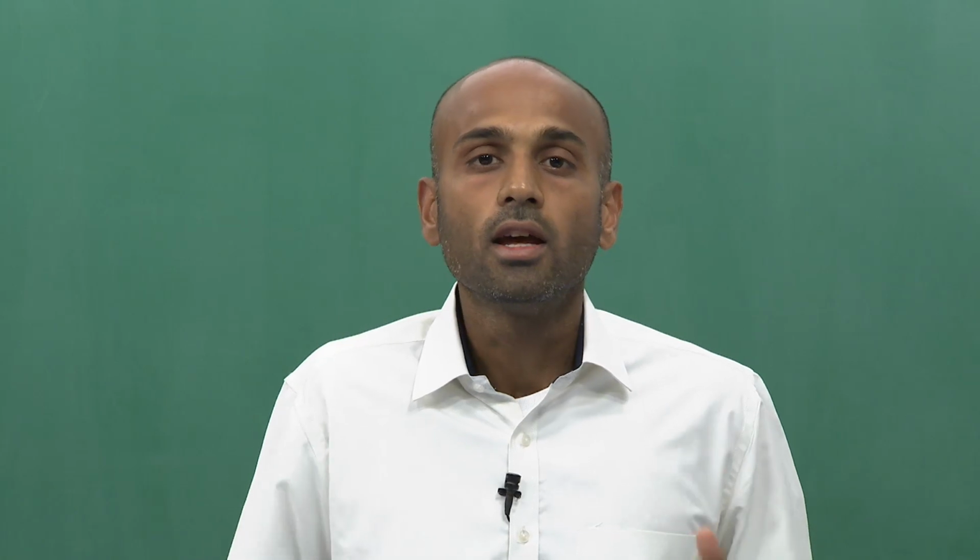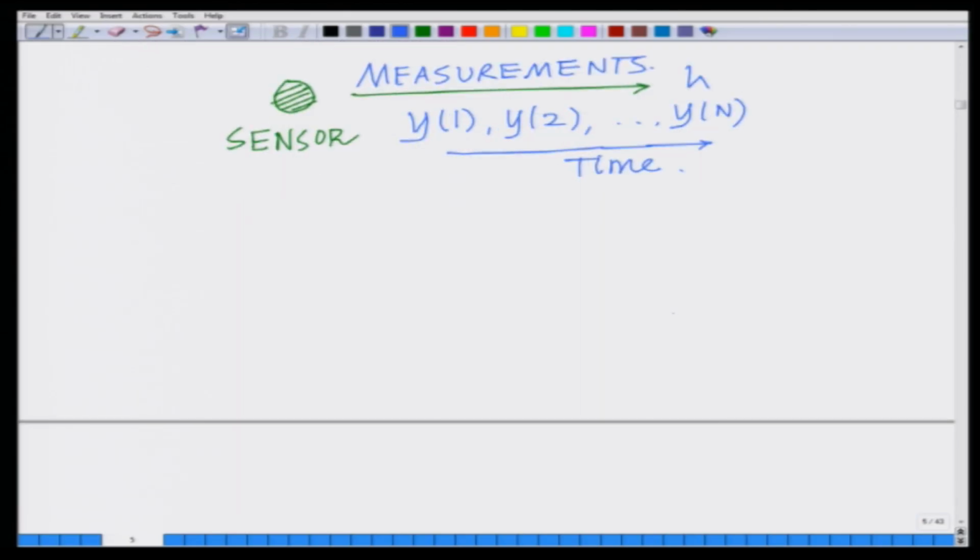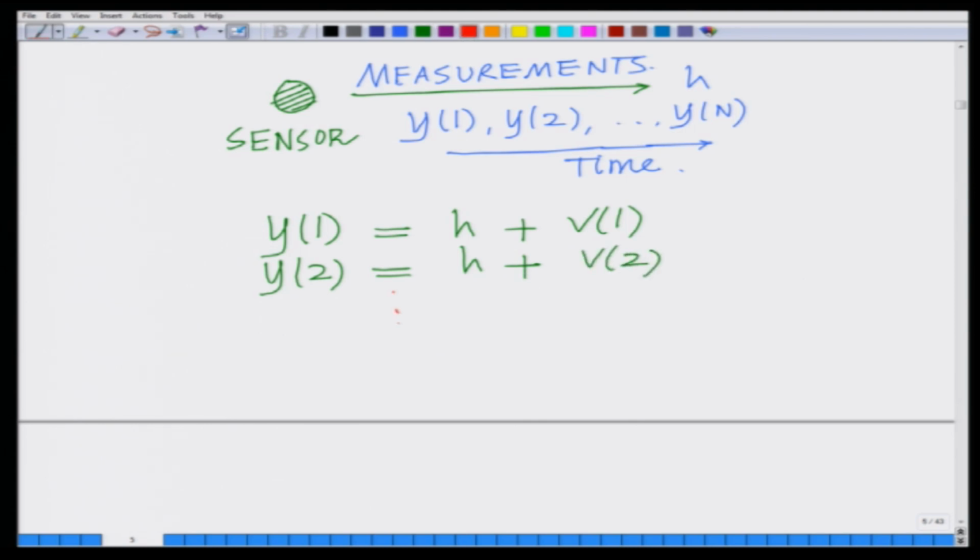Now, therefore, these measurements can be modeled as each measurement being a noisy observation: y1 equals h plus v1, y2 equals the parameter h plus v2, so on and so forth, yn, the nth measurement, is the parameter h plus vn. Similarly, we also assume that all these noise elements v1, v2, vn are noise with 0 mean and variance sigma square.